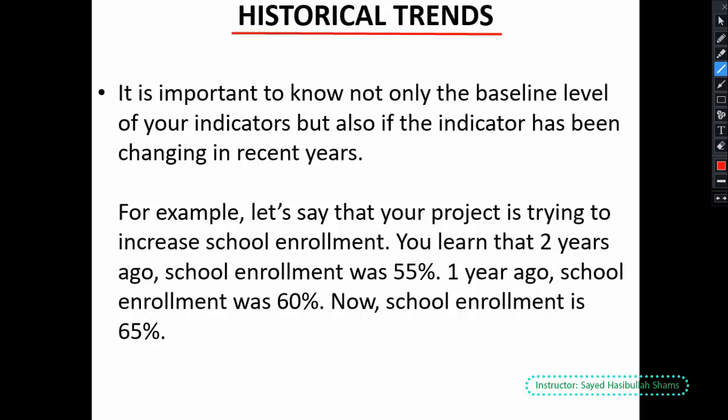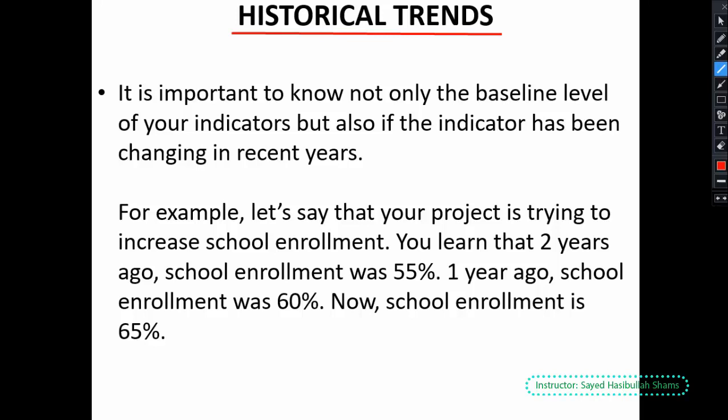So in this case, you cannot set your target as you have collected the baseline data, 30%. And here you will have information about the historical trends. It's very important that you collect historical trends about your key performance indicators.